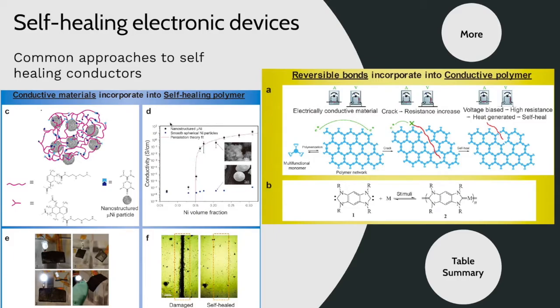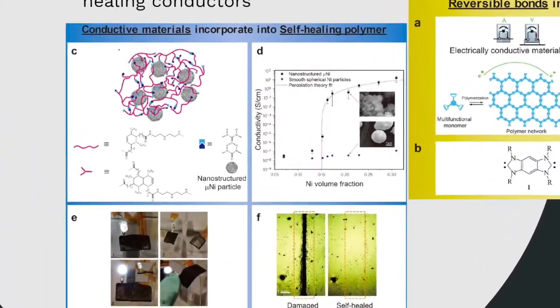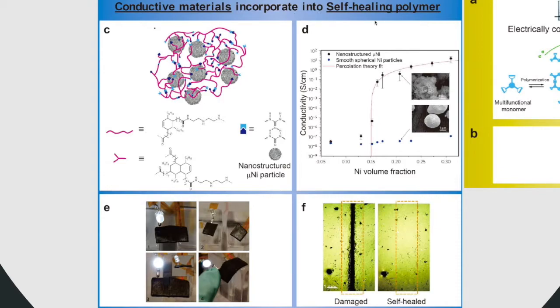If we see the key developments for the self-healing electronic device, I think I already showed you some of the pictures before. First is the conductive materials. This is the supramolecular nickel particle, and this is the conductivity of that nickel.